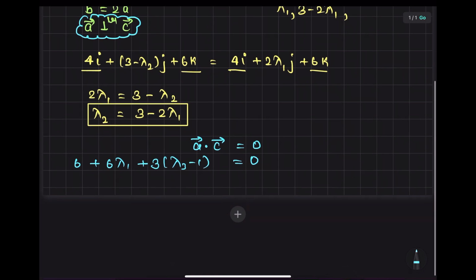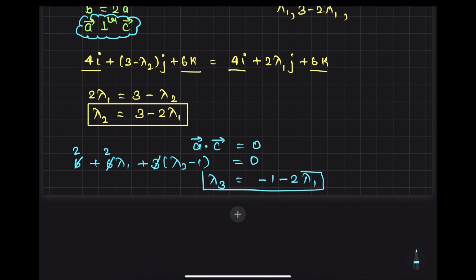Now we will divide both sides by 3, so it is 2 and 2. Okay, so can I write lambda3 equals what? Yes, minus 1 minus 2 times lambda1.